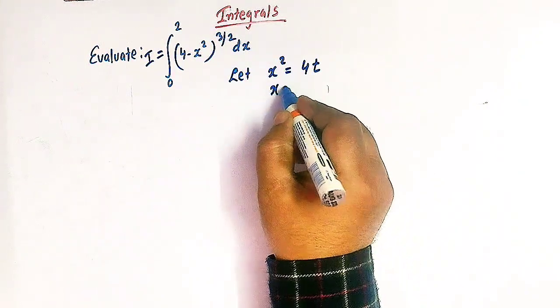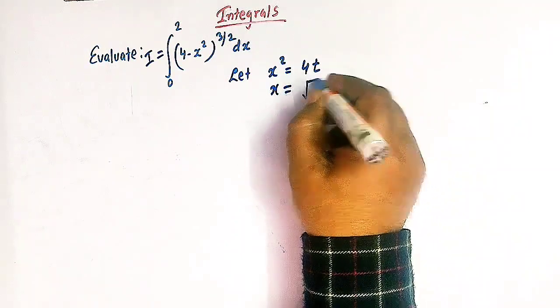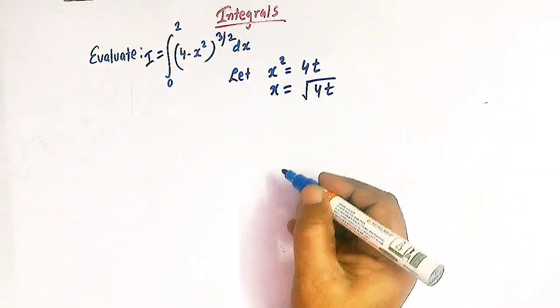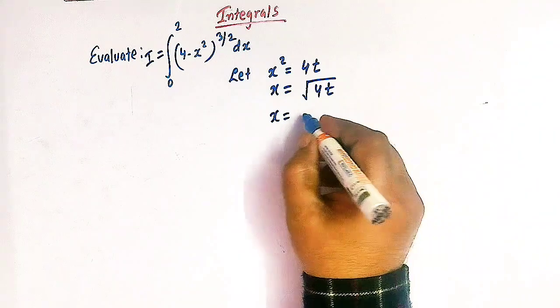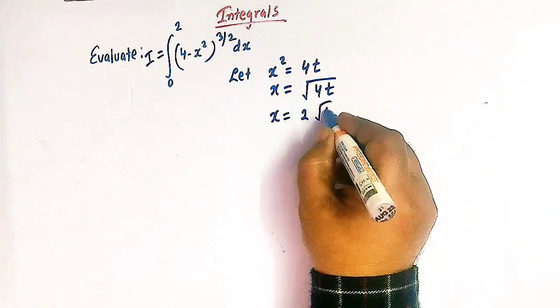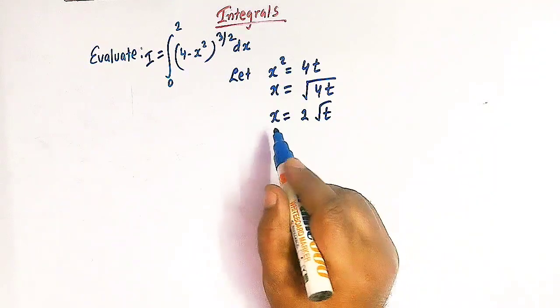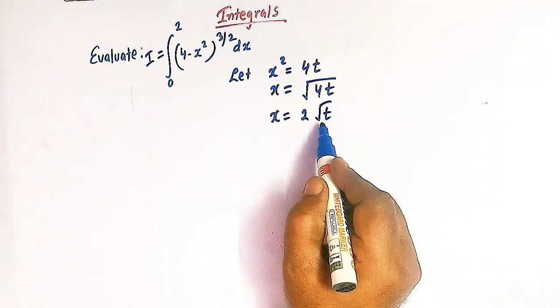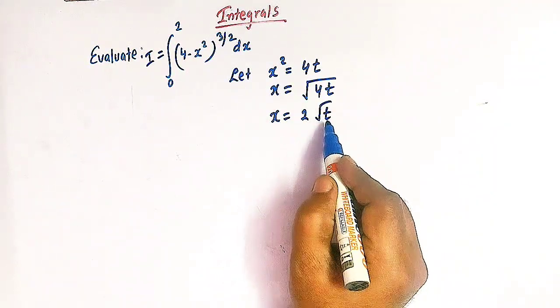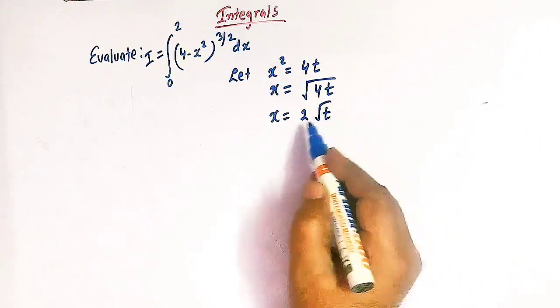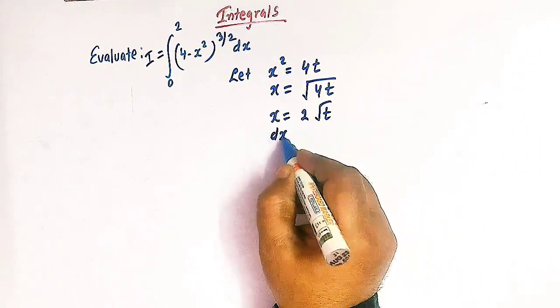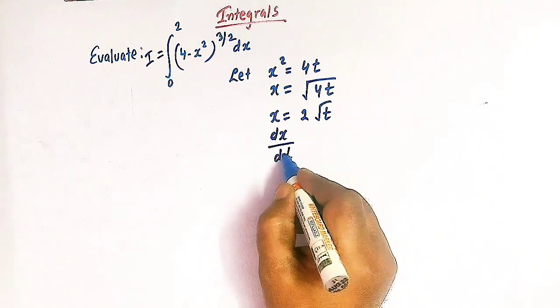Now x can be written as the square root of 4t, and x is equal to 2 times the square root of t. So basically we are going to substitute x equal to 2 times the square root of t, and t is our new variable.